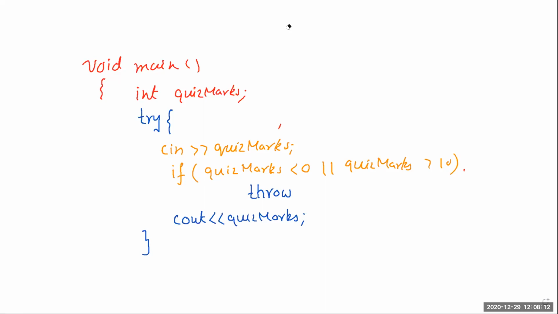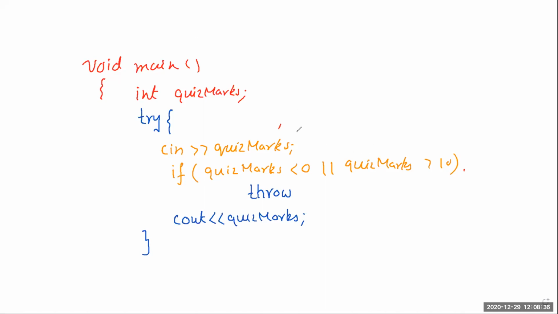This is what you see when you are filling a form. For example, if in your marks you write -5, ideally the form should say marks cannot be negative, you have entered -5, so that you know what you are doing wrong.